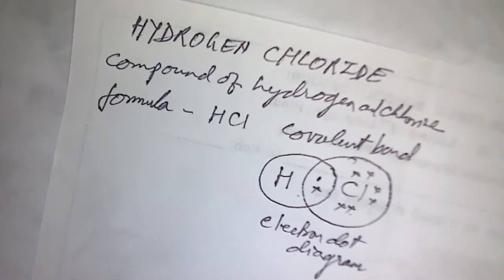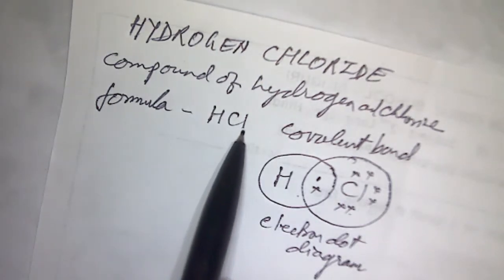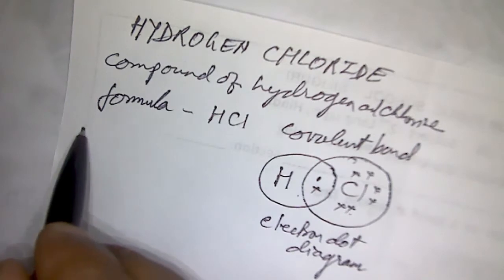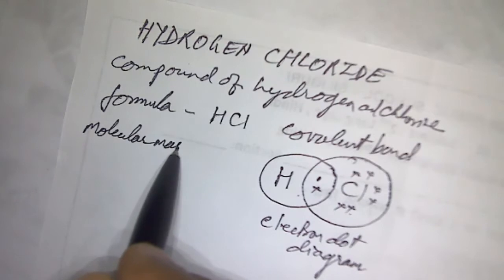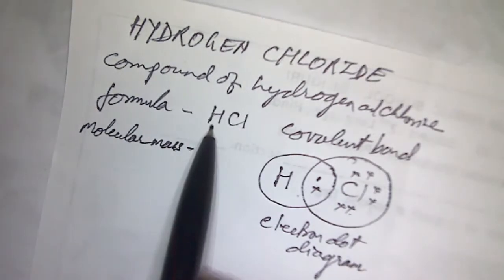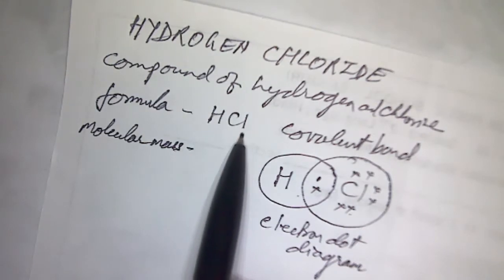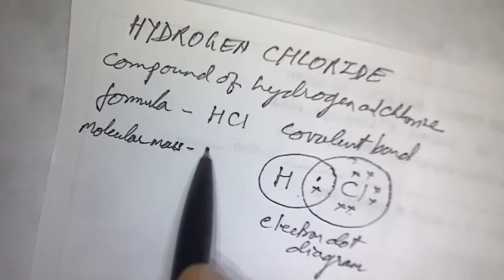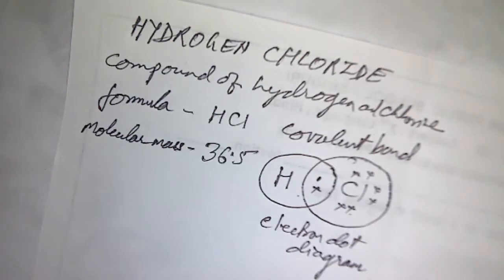Now, the next thing, if the formula is HCl, it will have a mass also. So it will have a molecular mass. The mass of hydrogen is 1 and chlorine is 35.5. So the total will become how much? 36.5. So its molecular mass is 36.5.